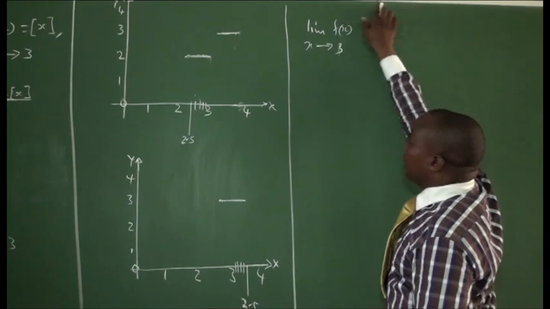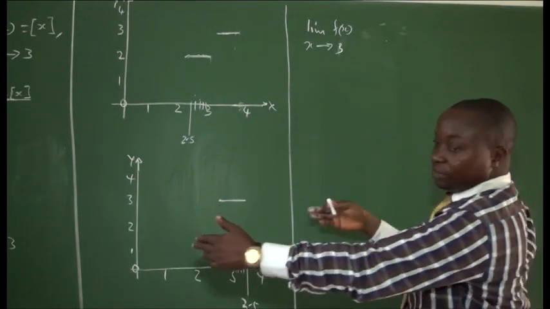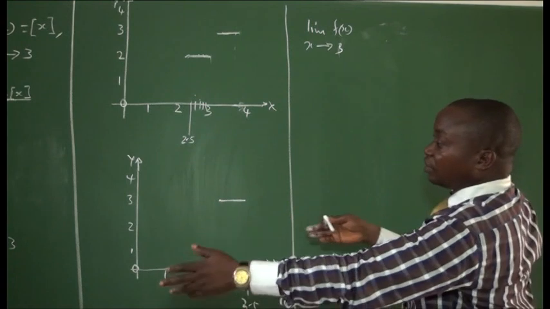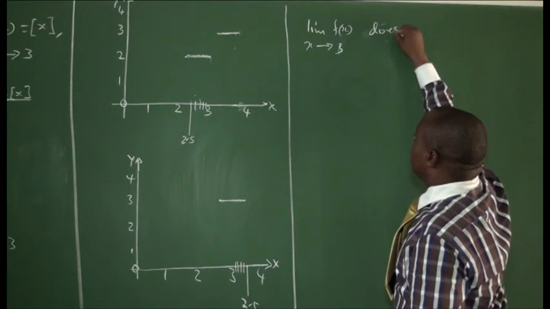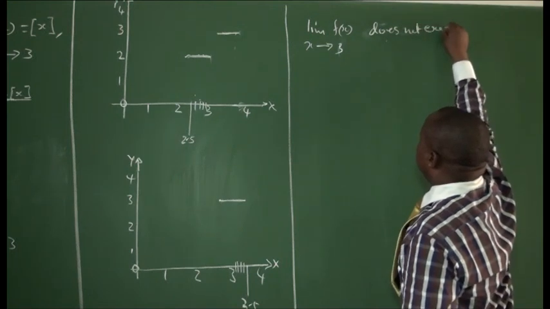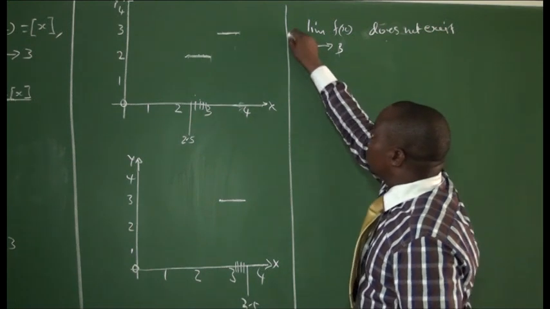How? Because I've not got one value from both sides; this side is giving me one value and that side is giving me another. So the limit does not exist. That is number 1.